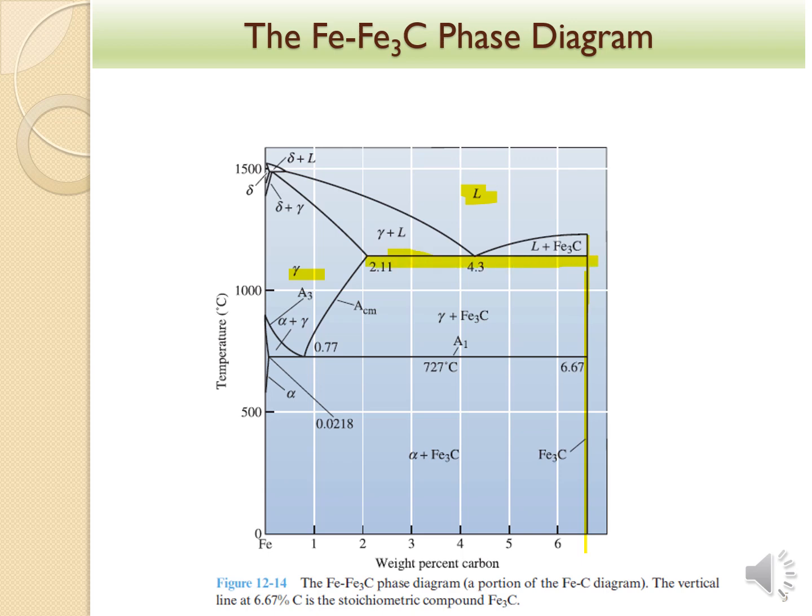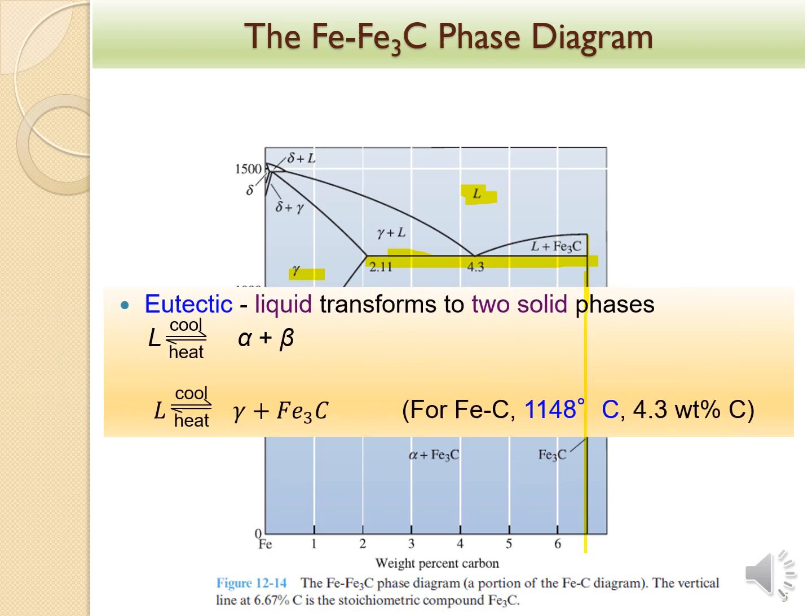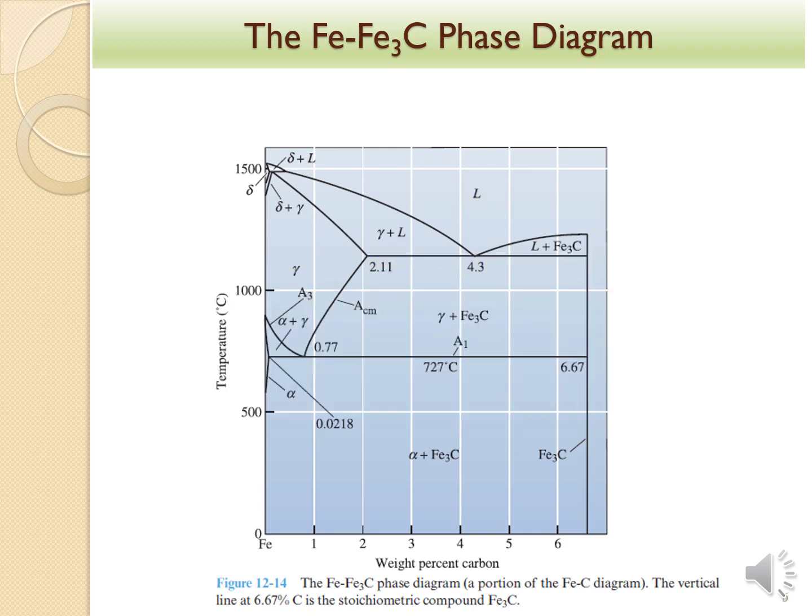That's the isothermal line, and it happens at 1143 degrees Celsius. The eutectic composition is 4.3% carbon right here, from liquid to gamma and iron carbide.